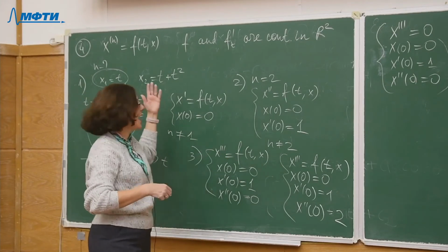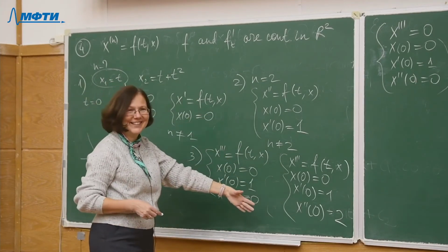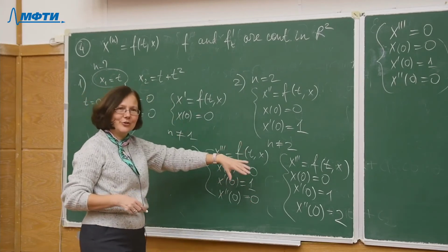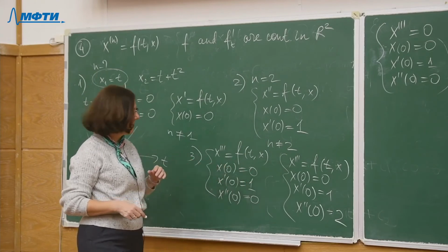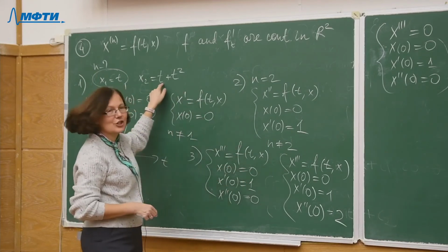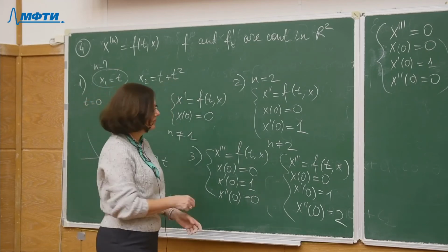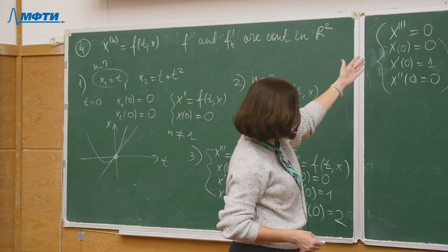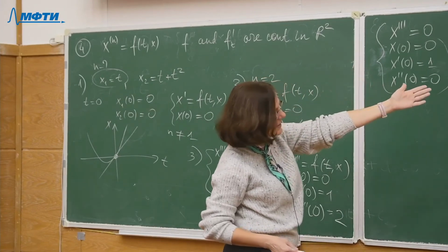So we go back from the solutions to the initial conditions. Having two solutions, we can find two initial conditions. But why can we find two initial conditions for n equals 2? Because it doesn't satisfy. So just differentiate and substitute 0, right? And then the solution to this initial value problem is x equals t.